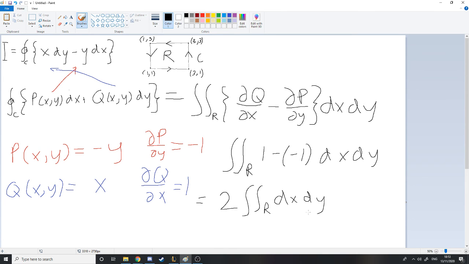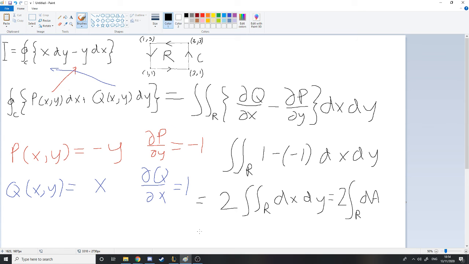Okay, and then we can see that this is just 2 times the integral over R dA, which is nothing but the area of this square.